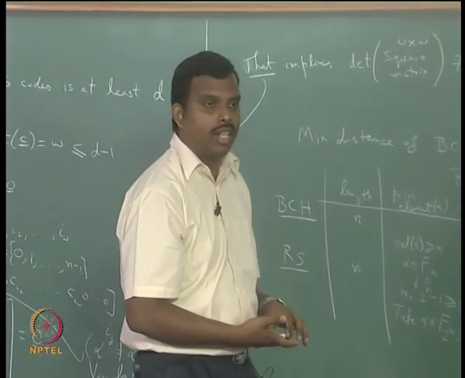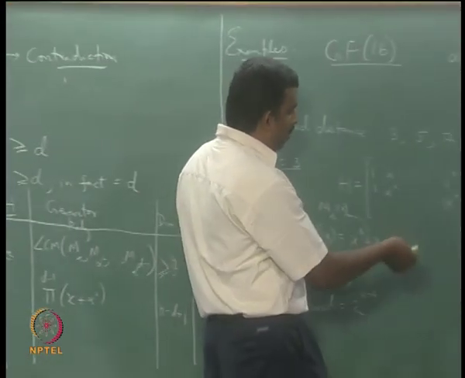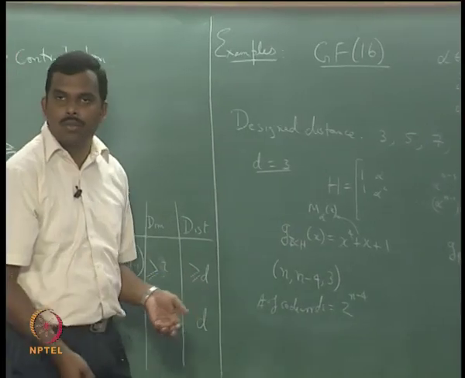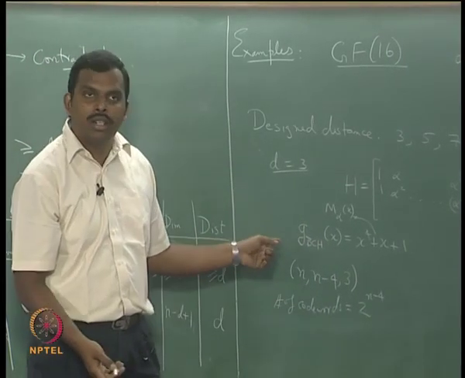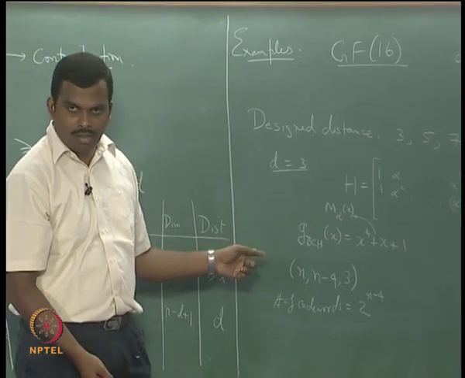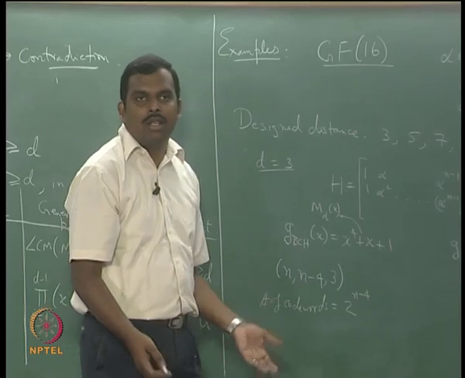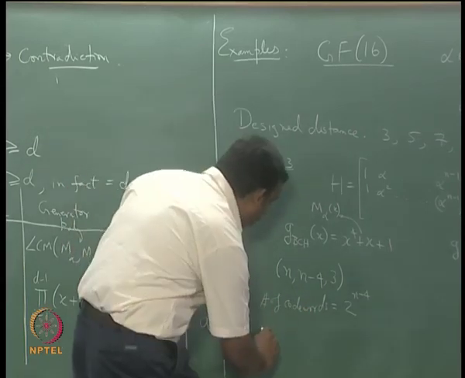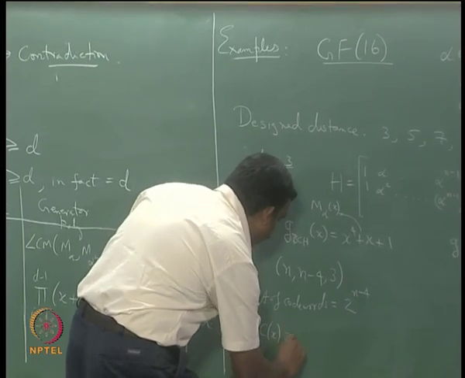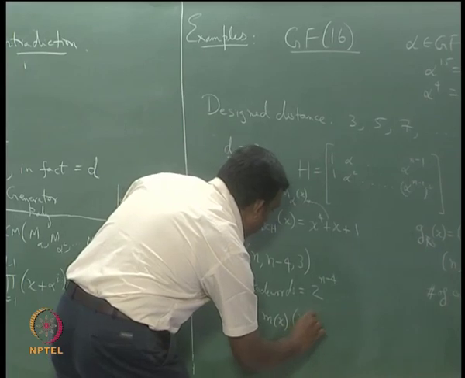Any questions? So if you have to come up with code words of these codes, let us say you want to generate 10 different code words of the BCH code, how will you do it? Yeah, you will find 10 different message polynomials, okay, so that you can easily come up with. Remember, a code word polynomial C of x is m of x times x power 4 plus x plus 1.